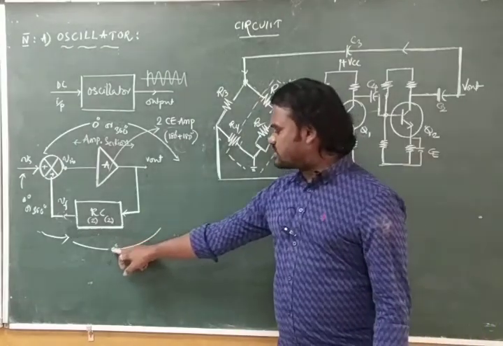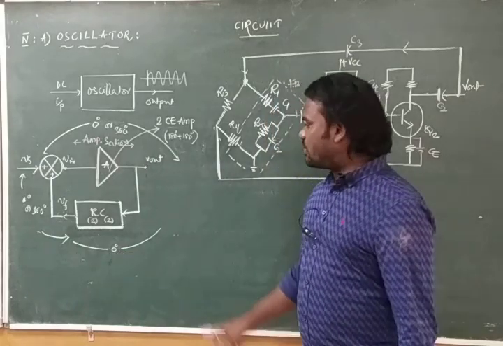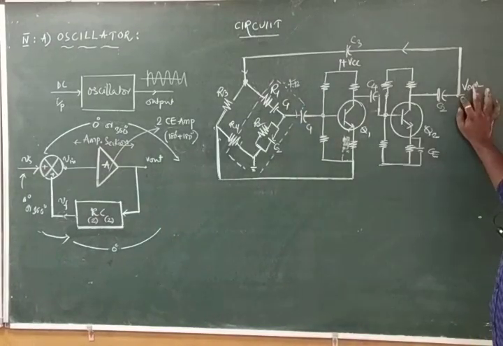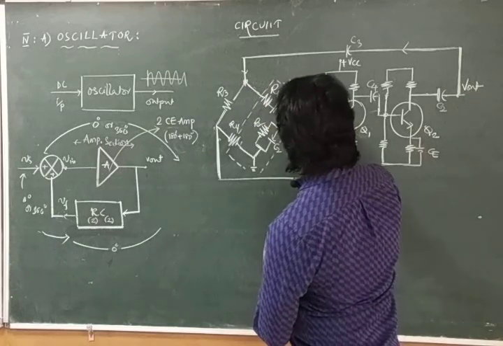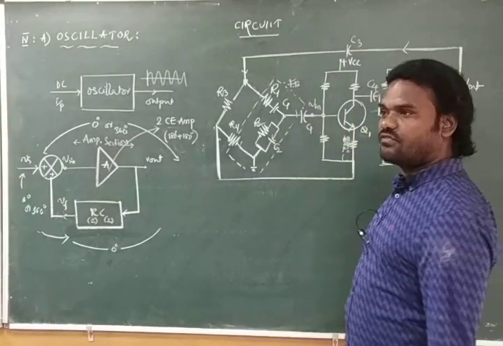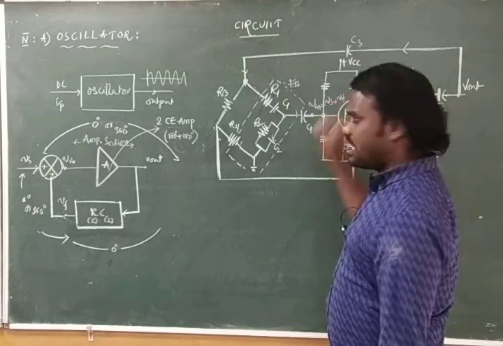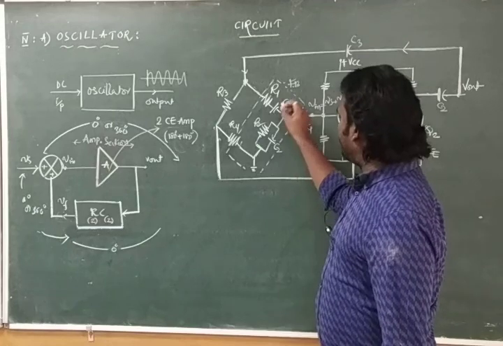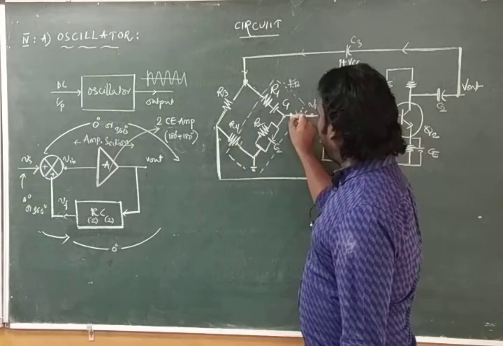We know that positive feedback in a Wien bridge oscillator provides how much phase shift? 0 degrees from output to input. This is the output, and from here to here is the signal. Assume the signal we are giving is Vin. What is the formula in case of positive feedback? Vin is equal to Vs plus Vf. Here this is Vin, and from here onwards this is Vout, and it comes here and will be added here.